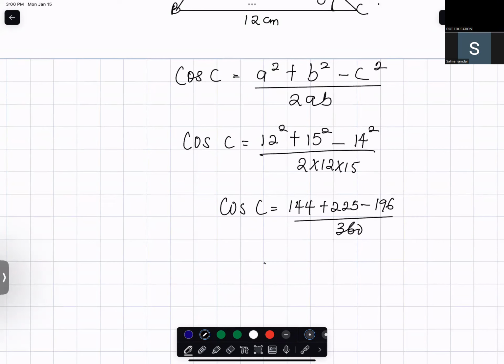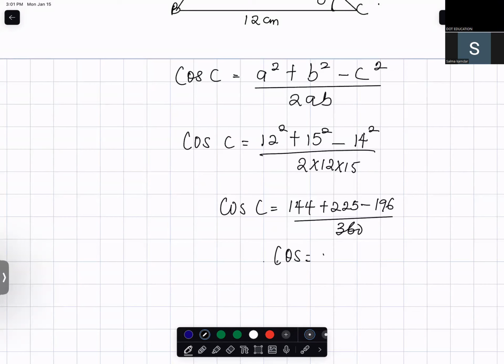So cos C, to add up, what do we have? 144 plus 225 minus 196 gives 173. So we have 173 divided by 360.